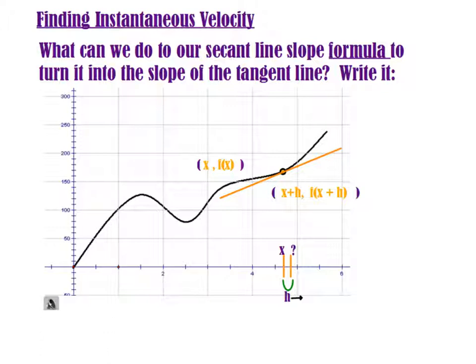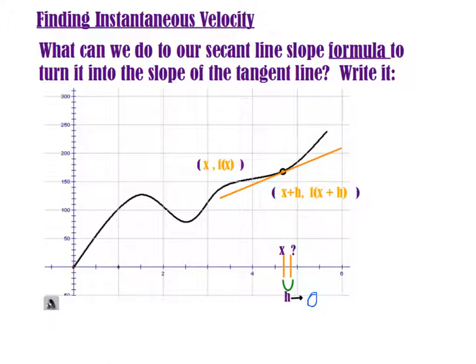What I'm doing is I'm treating it like a limit, and I'm letting h, the distance between these 2 points, approach 0. And then I'm going to look at it. I'm going to use that previous formula, but I'm going to treat it as a limit as I do that.